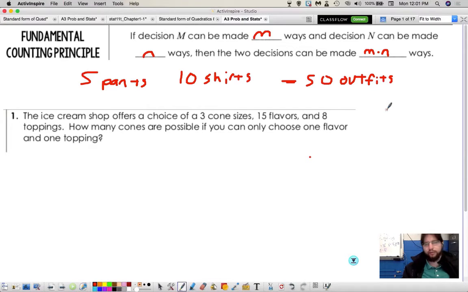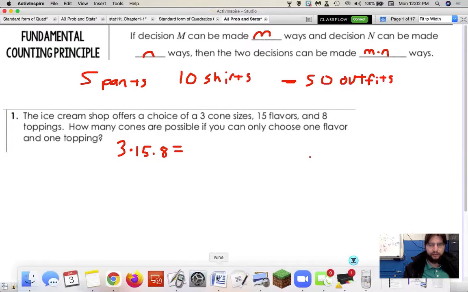Similar thing here, if we have even more events, you can have m, n, p, however many decisions or events you need. 3 cone sizes, 15 flavors, and 8 toppings. Well, that's 3 times 15 times 8. Just type that in the calculator.